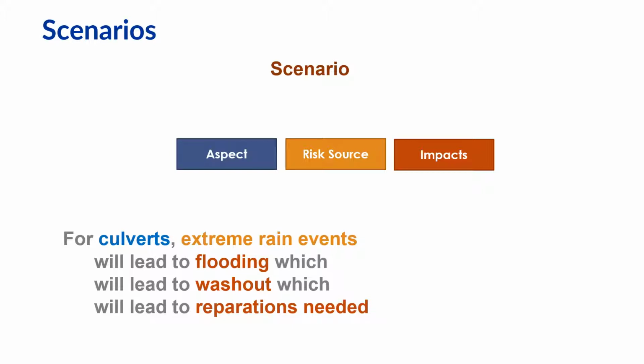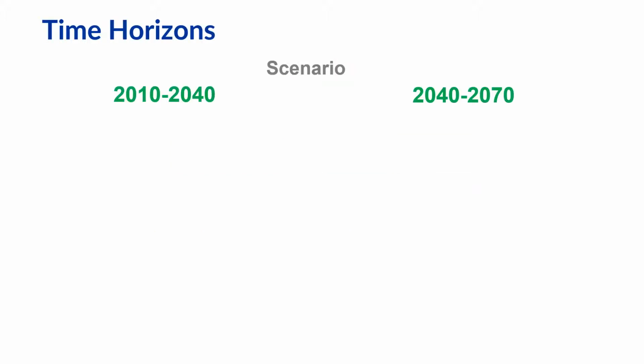Now we've discussed what scenarios mean in the Canadian Climate Change Risk Assessment Software. I'd like to now add an important dimension to this discussion: time. Most of the assessments in the Canadian Climate Change Risk Assessment Software are concerned with the change in risk across 2 or more time horizons.